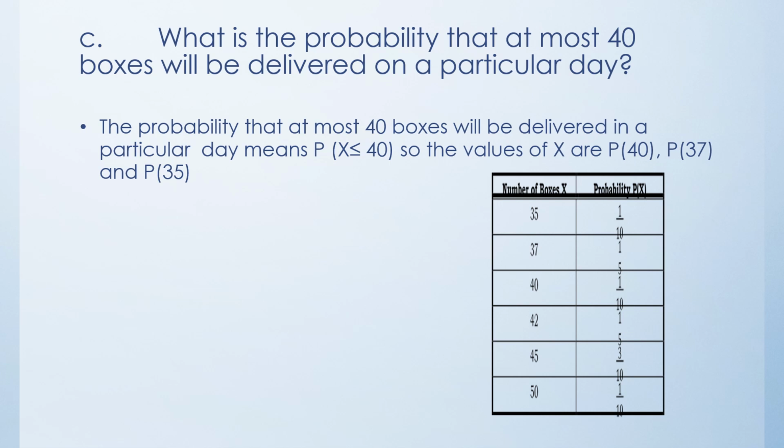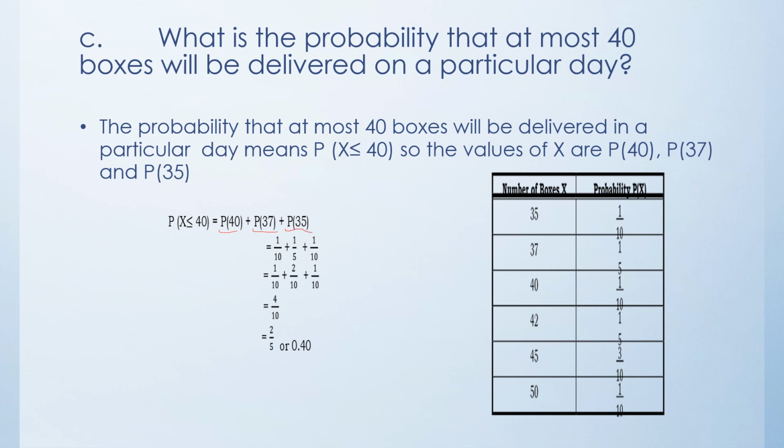Here are again the values and its corresponding probabilities. So, the probability that at most 40 boxes is the same as x is less than or equal to 40, which is equal to the probability of 40 plus probability of 37 plus probability of 35.